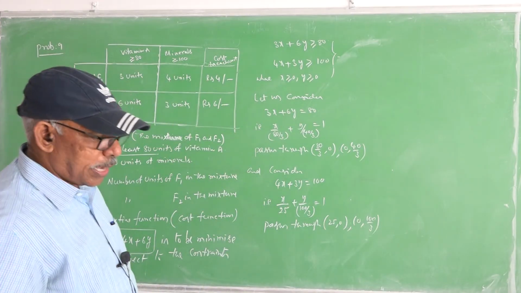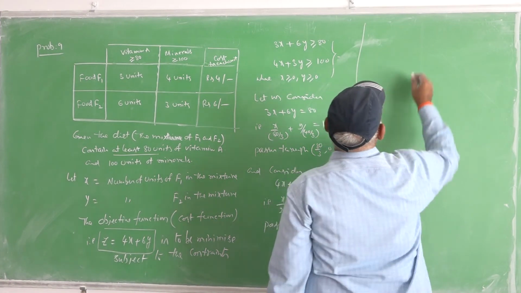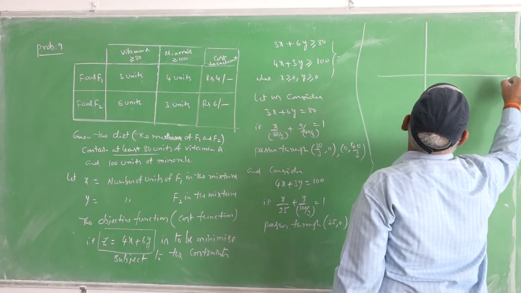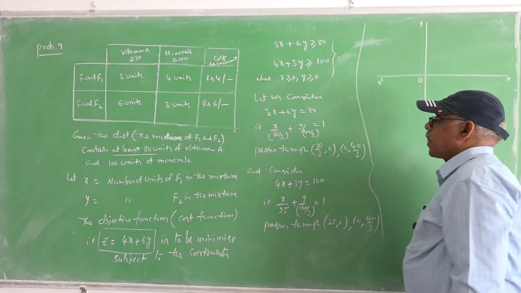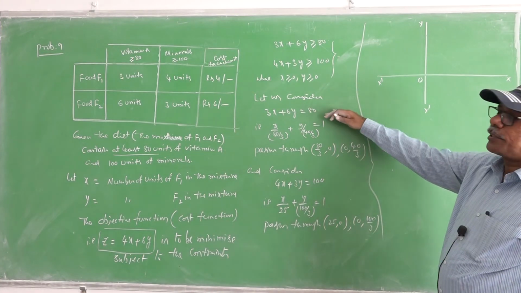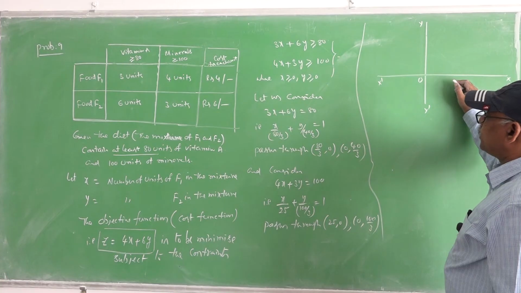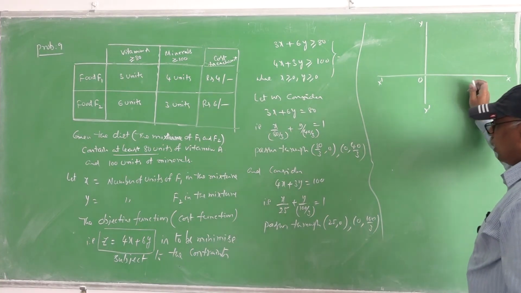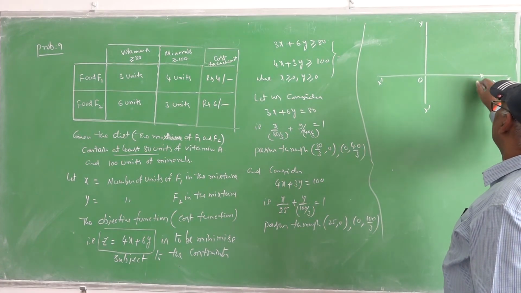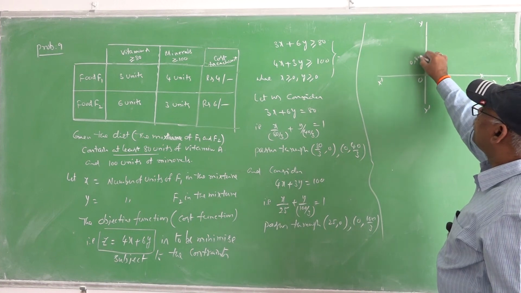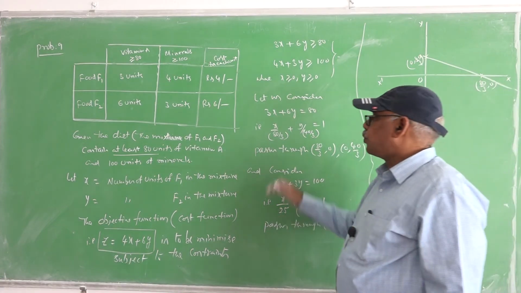So let us draw these two lines in the plane and find the feasible region here. The first straight line is 3x plus 6y equal to 80, which passes through 80 by 3 comma 0 and 0 comma 40 by 3. Join these two. Let this be line 1 and this be line 2.